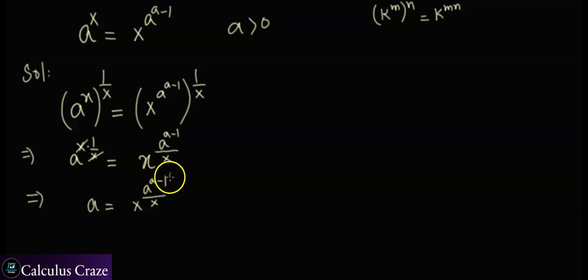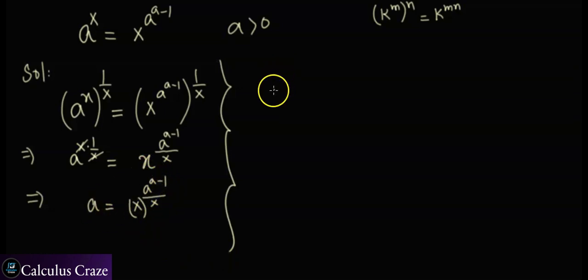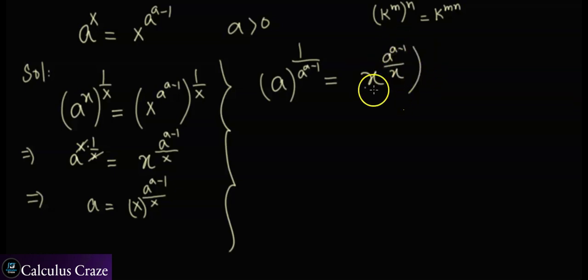So this is a power right over here, the power of this x. Then I can take 1 over a minus 1 as a power on both sides. So 1 over a minus 1 on both sides is taken as power. x raised to the power a minus 1 divided by x, and the power on this side will also be taken as a power a minus 1.